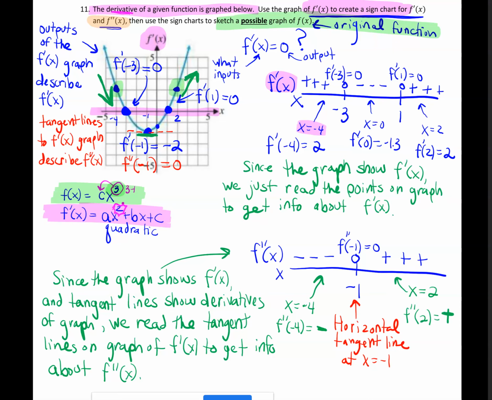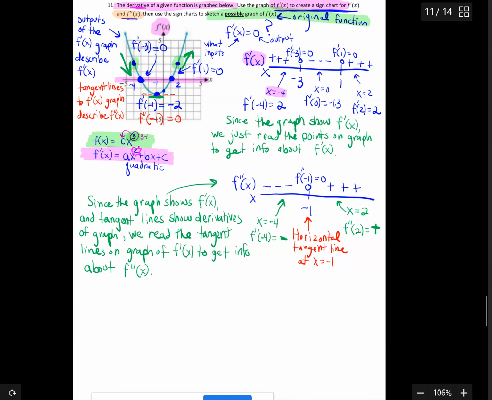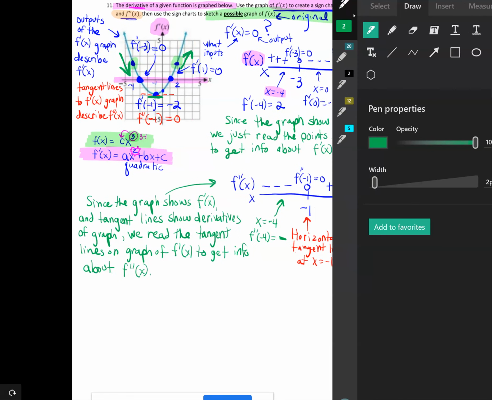But once you get that piece of information, completely ignore the graph that was given to you. Do not even look at it. It'll confuse you. Don't look at that. You know you're going to look on the test, guys. Don't look at it. Only use the sign charts.